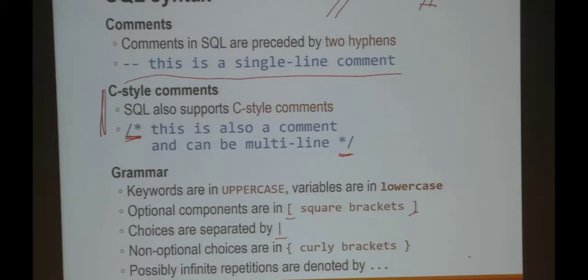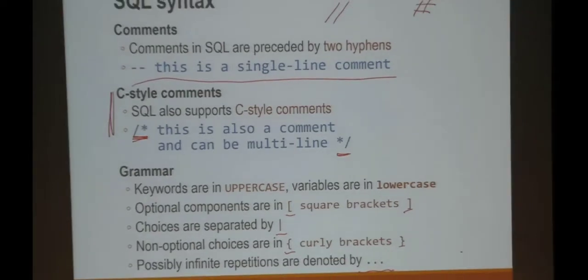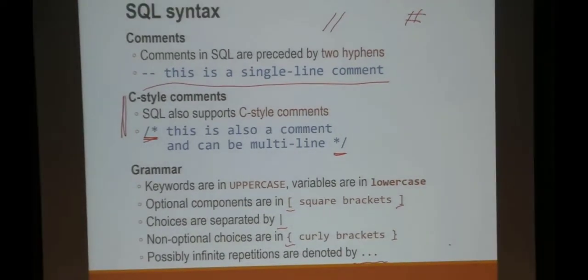If you need certain choices, but this is not optional, so you use this curly bracket. If it allows an arbitrary number of repetitions, it will be a dot dot dot. All keywords are in uppercase and variables are in lowercase and bold.